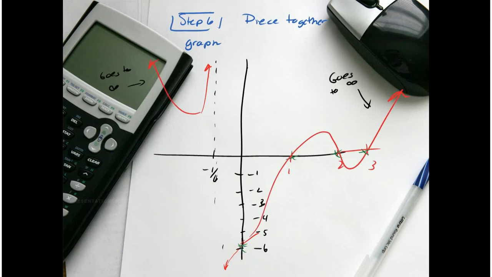I also know that there are 3 roots, so it must cross the x-axis at 1, 2, and 3. And I know that it goes to plus infinity here because the numbers were huge as x went to infinity. And I know that it goes to plus infinity here too; the numbers were huge as it went to minus infinity. And that was the whole purpose of the problem. It's just that the purpose has been outdated.